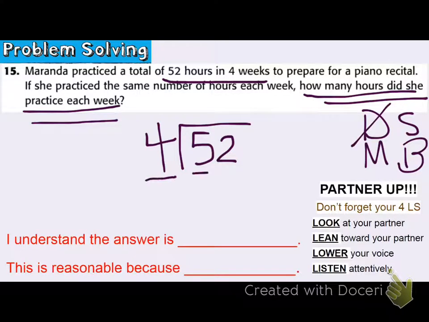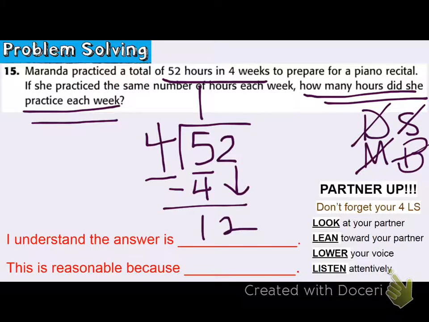How many times 4 divides into 5? Well, that's 1. I can multiply. 4 times 1 is 4. And subtract. Okay, I have 1 left over. I can bring down the 2. And so now I'm dealing with 12, and I need to figure out how many times 4 divides into 12. I'm on divide. Well, 4 times 3 is 12.